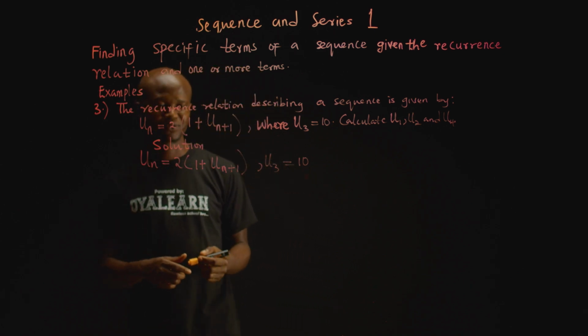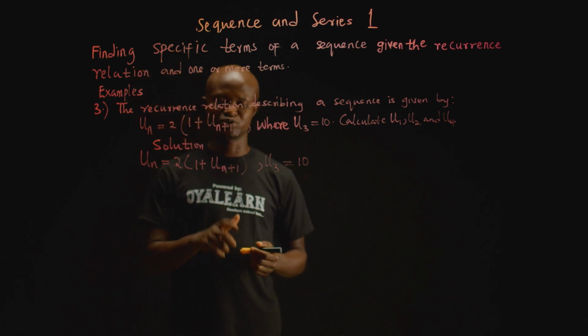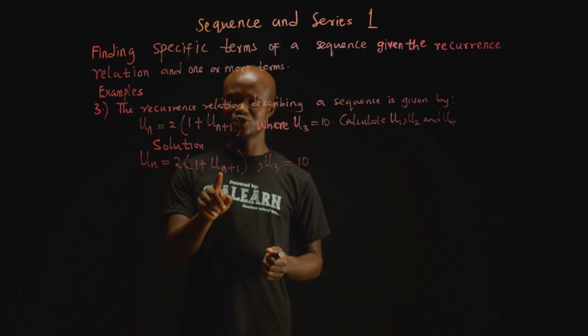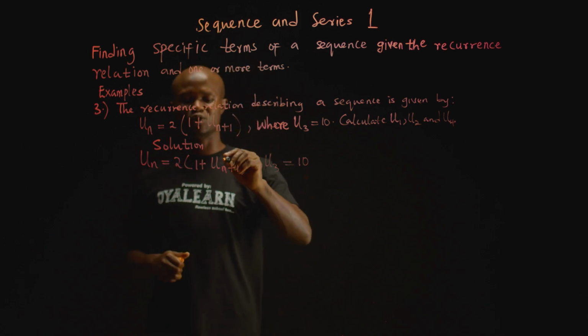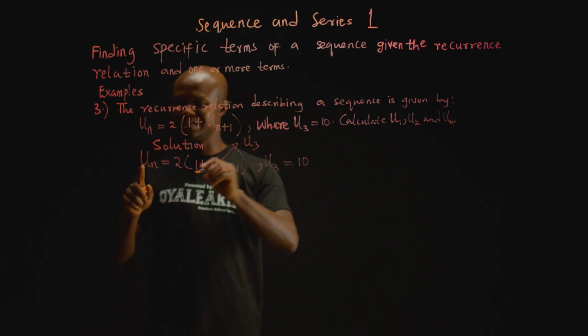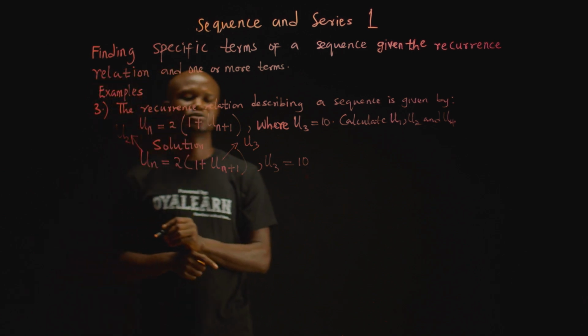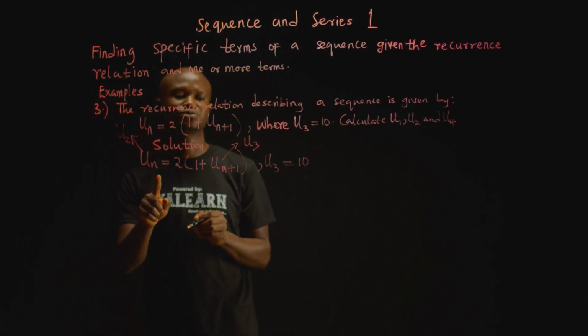Because if I put the value of n equals 2 here, I will have u_3, and this side returns u_2. So we can get our u_2 here.